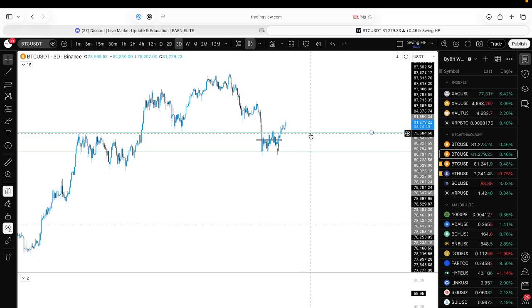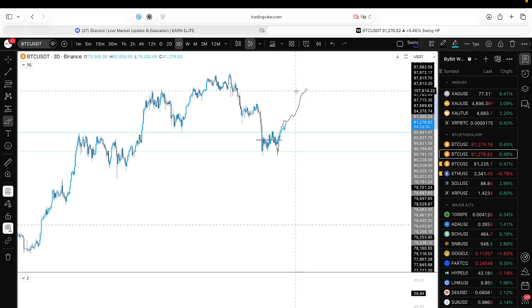The 75 level was a crucial one. If we start to run again through all these levels here, I think we can have a possible top.